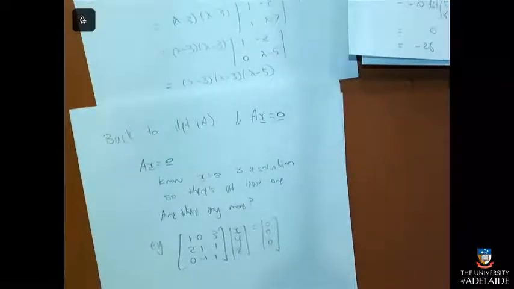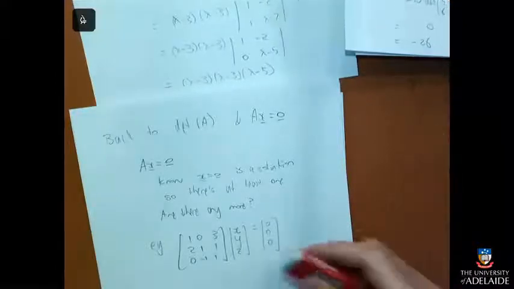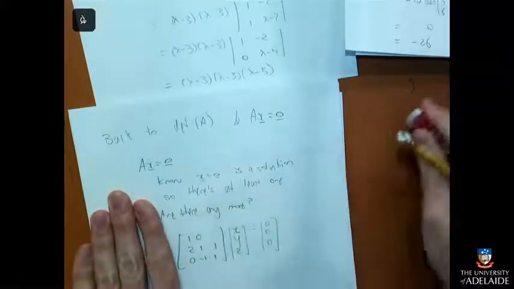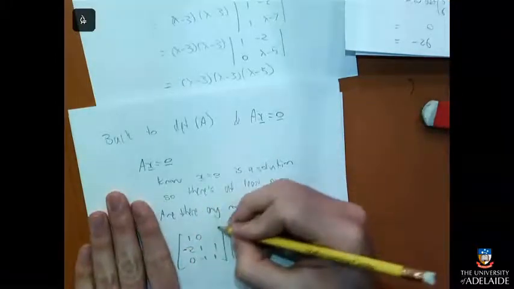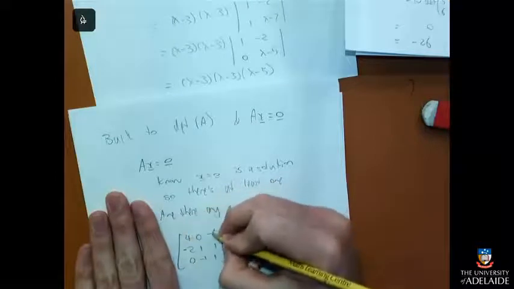So 0, 0, 0 for x, y, z is a perfectly good solution. But so is... Damn it, I did that wrong. Just a second. Let's do that one.